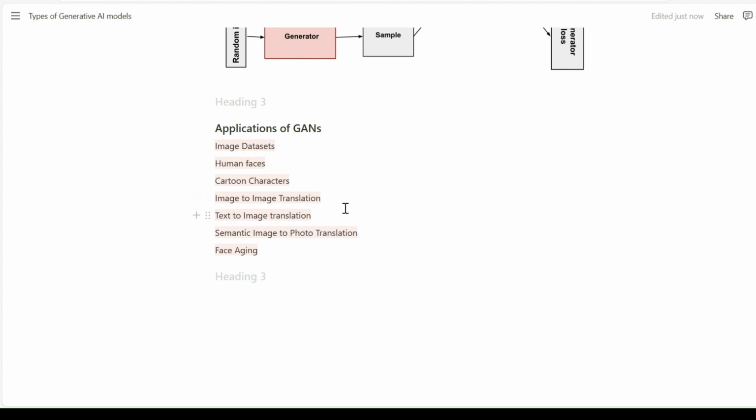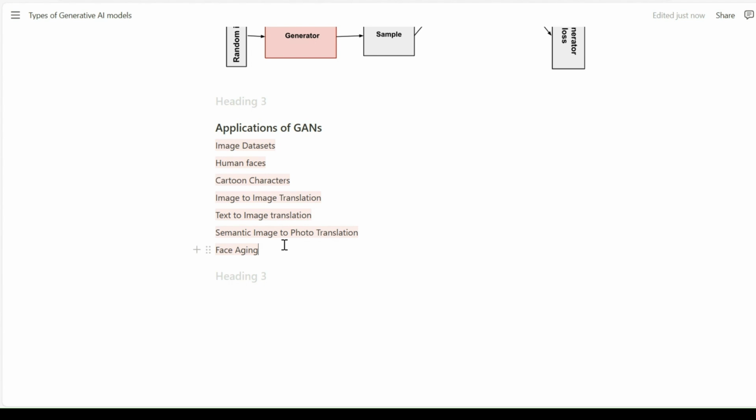For example, you give a textual prompt and ask it to generate some images, and it translates it to an image. Next, you have semantic image to photo translation. Let's say you have a semantic map of a scene, and if you ask the GAN to convert it, it can convert it to realistic photos. And next, you have face aging. It can predict and generate images of a person's face as they would look when they are older.